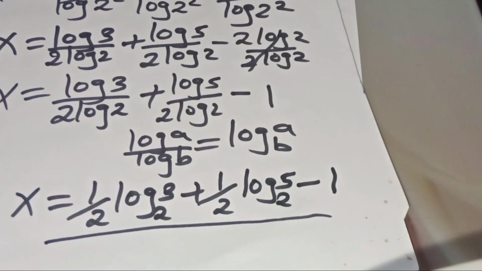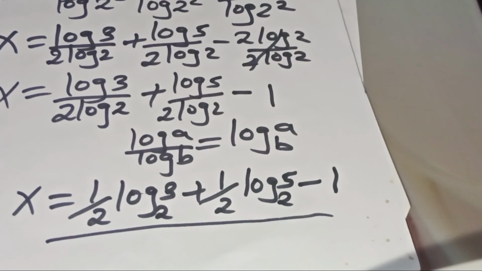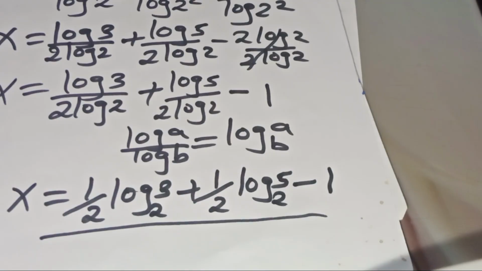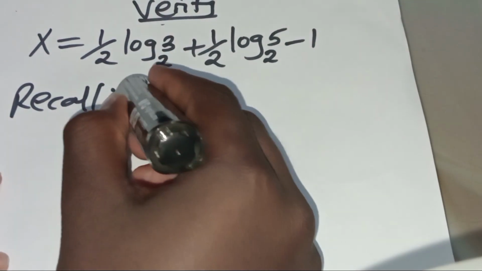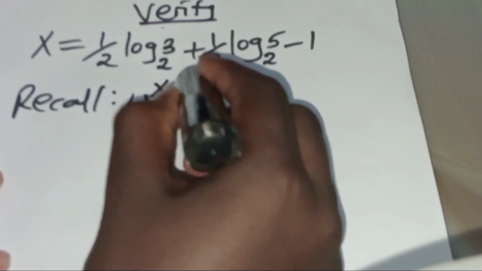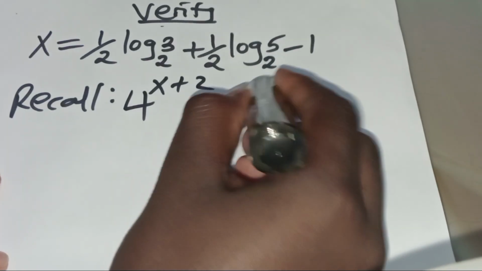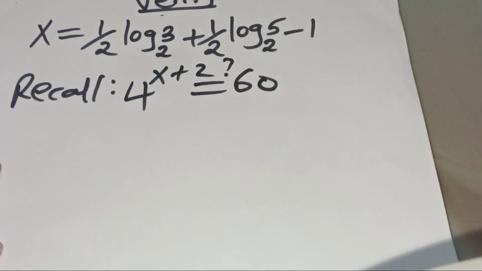Now let's try to verify that this value of x actually satisfies the equation by following these steps. Now let's verify that the value of x, which is a half log 3 to base 2 plus a half log 5 to base 2 subtract 1 actually satisfies the equation. Now if you recall, we had 4 to power x plus 2. This should give us a value of 60. So let's substitute the value of x.